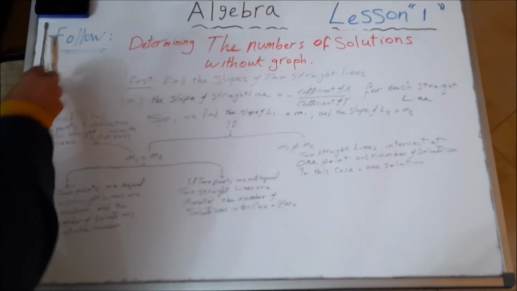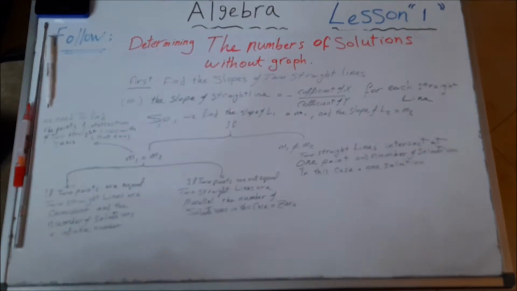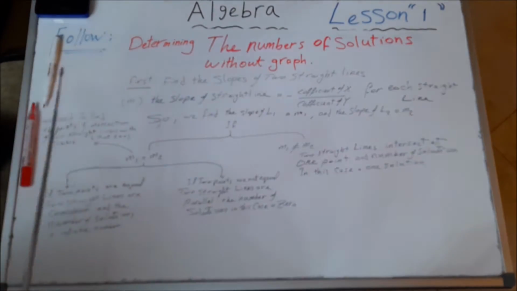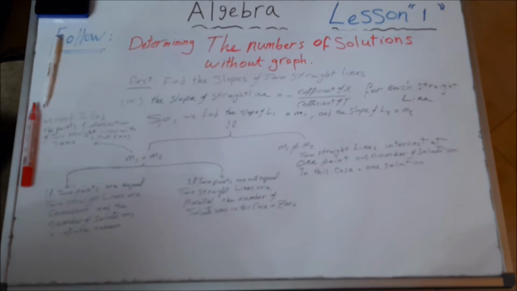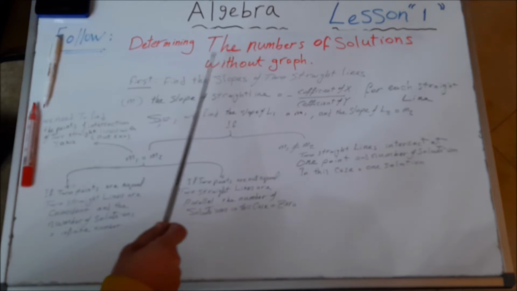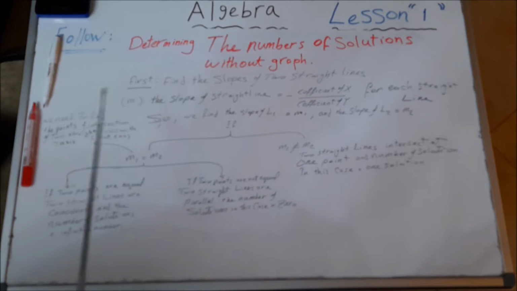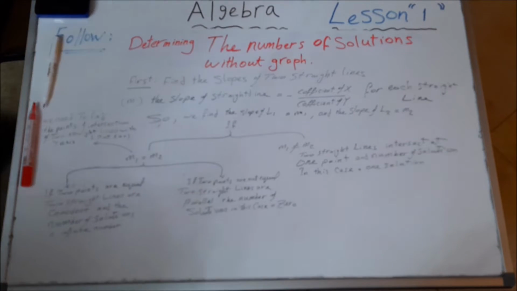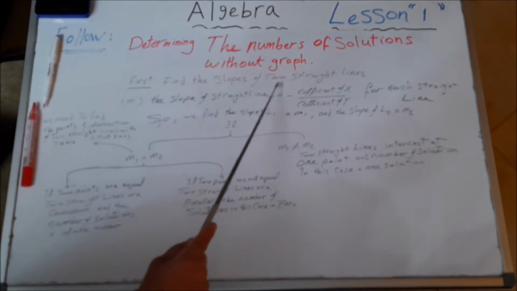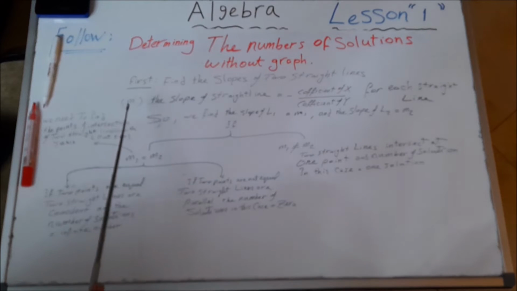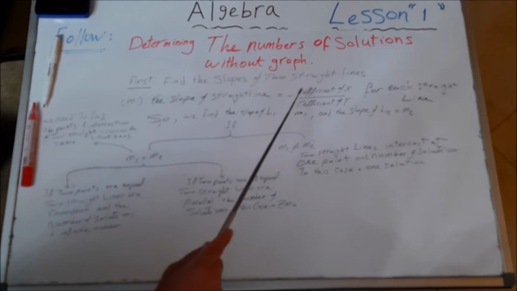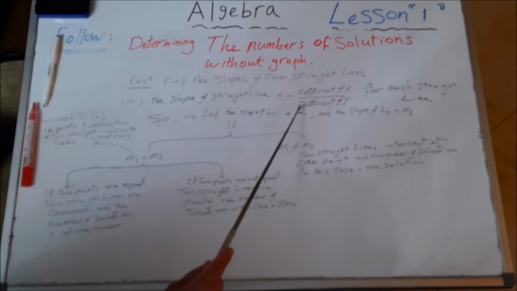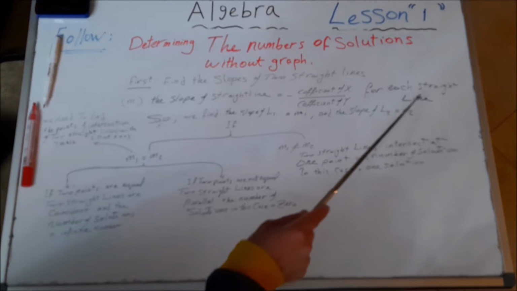طيب نختصر الكلام ده في كلمتين. تمام؟ لو طلب مني determining the number of solution without graph واداني two equations for two straight lines تمام؟ وطلب مني اوجد ال number of solutions without graph. In this case number 1 find the slopes of two straight line as m is the slope of a straight line and m equal minus coefficient of x divided by coefficient of y for each straight line.